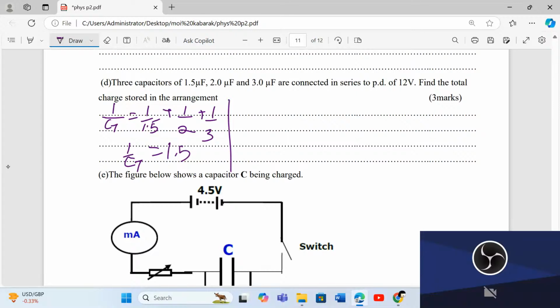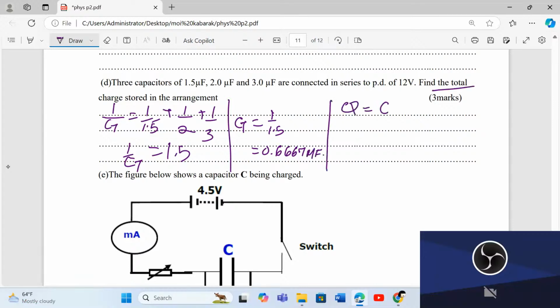Therefore, CT is equal to the inverse of 1.5, 0.6667 microfarad.